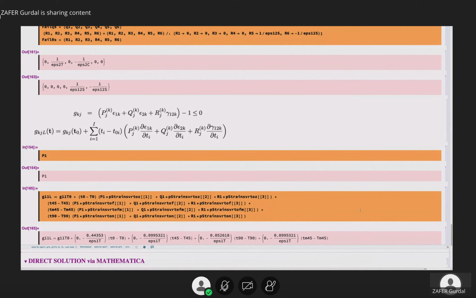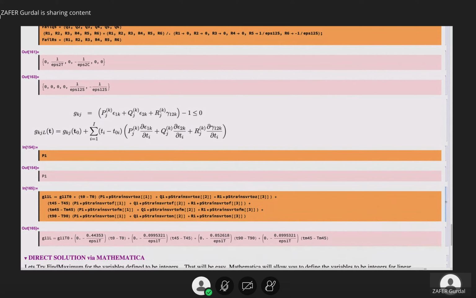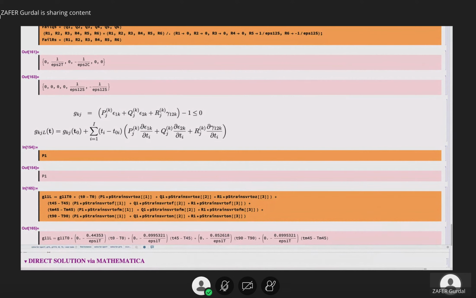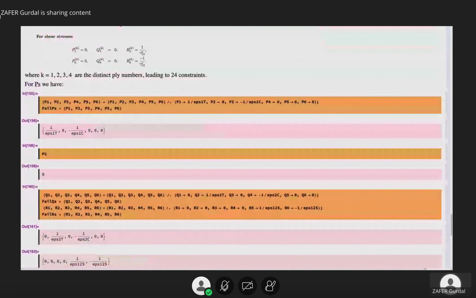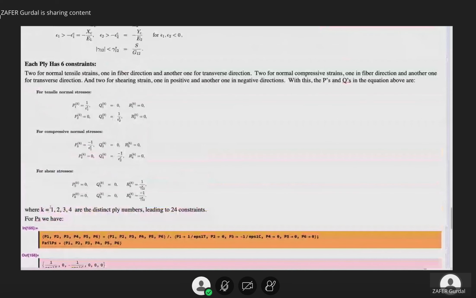G11. Now, we're going to copy this and paste it. Now we're going to do G12, which will require P2, Q2, R2.